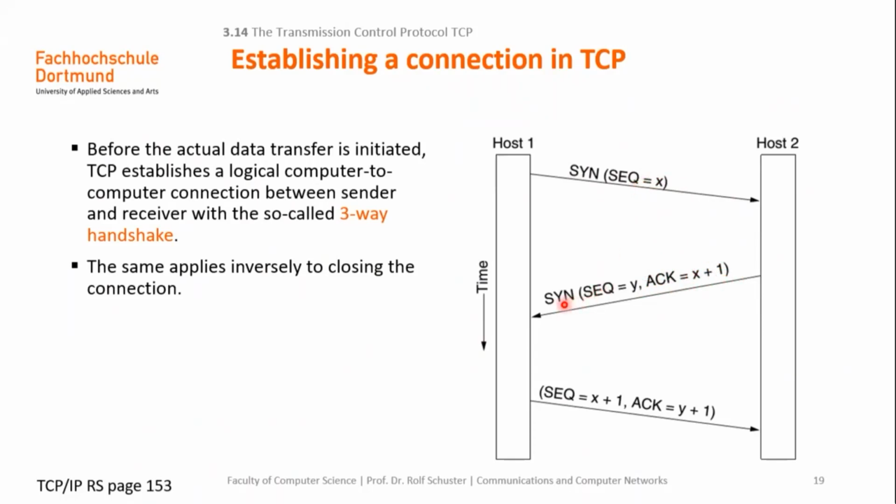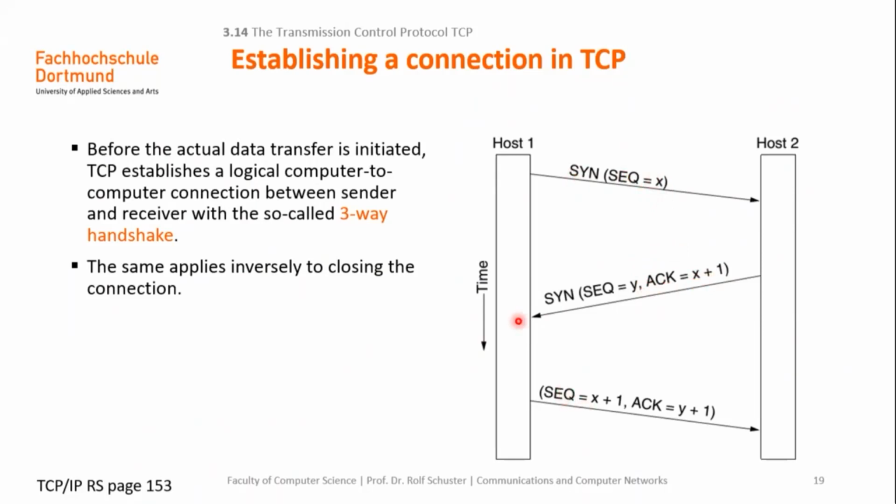After that, this segment is a SYN segment with the SYN flag set. Then host 1 sends a SYN, and host 2 sends a SYN with an ACK. And remember that this first segment doesn't have the acknowledge flag set, but this one does, and this is the acknowledge number that in fact confirms the correct reception of the first SYN.